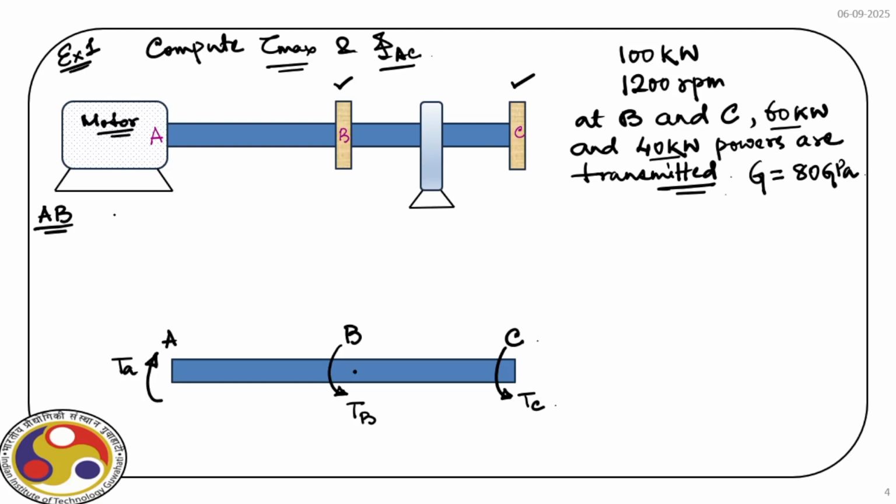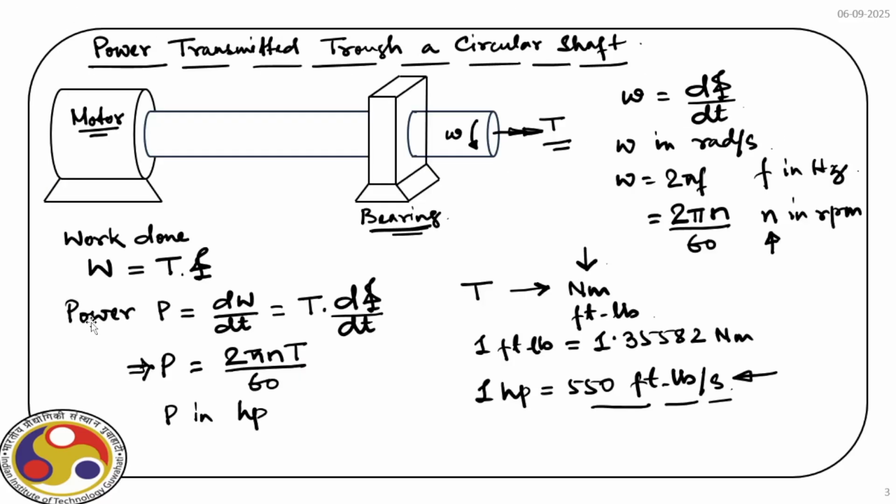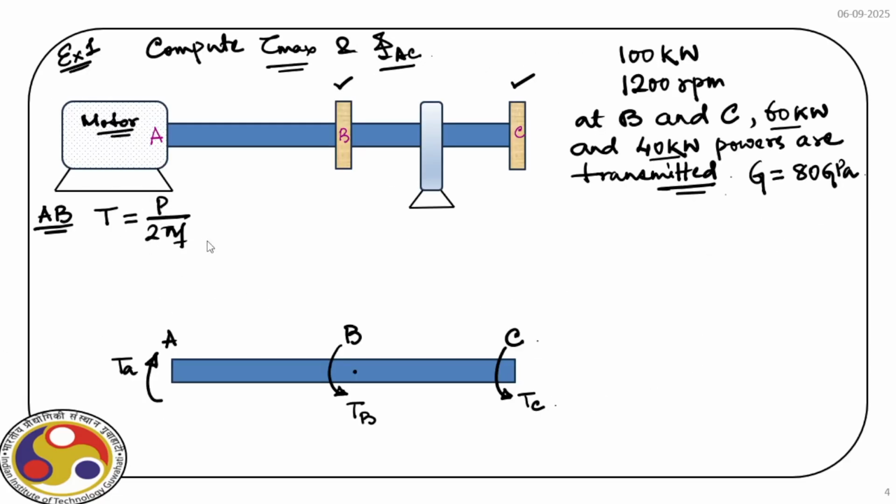For this segment, capital T is equal to P by 2 pi F, because if you recall the expression of P here, it is 2 pi NT by 60. So T is equal to P by 2 pi F, where F is N by 60.